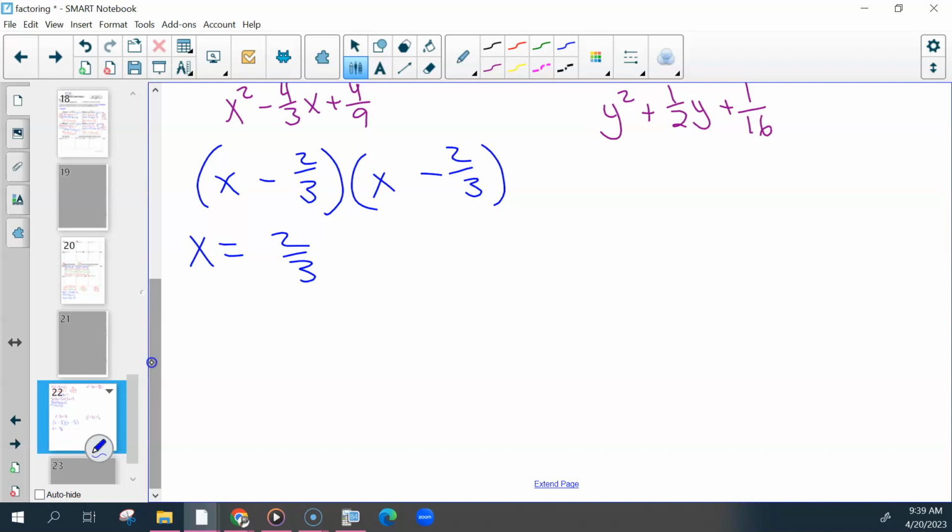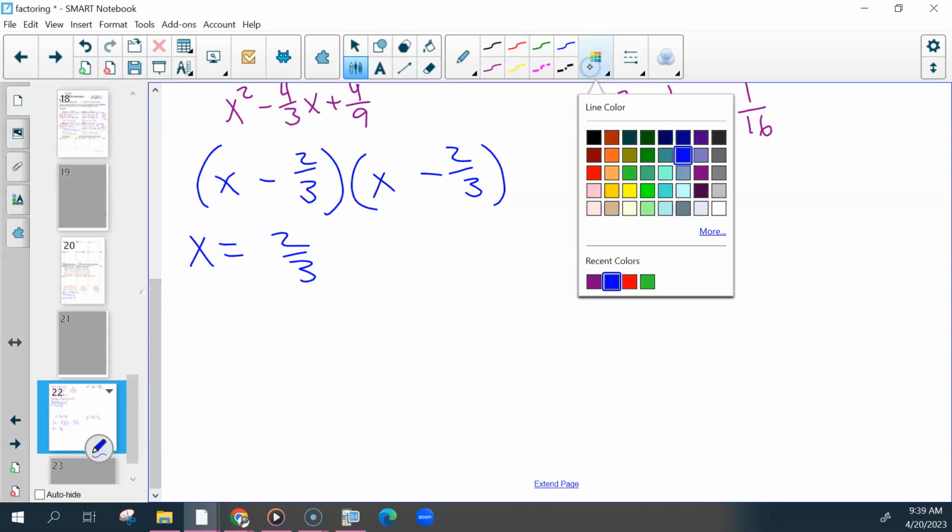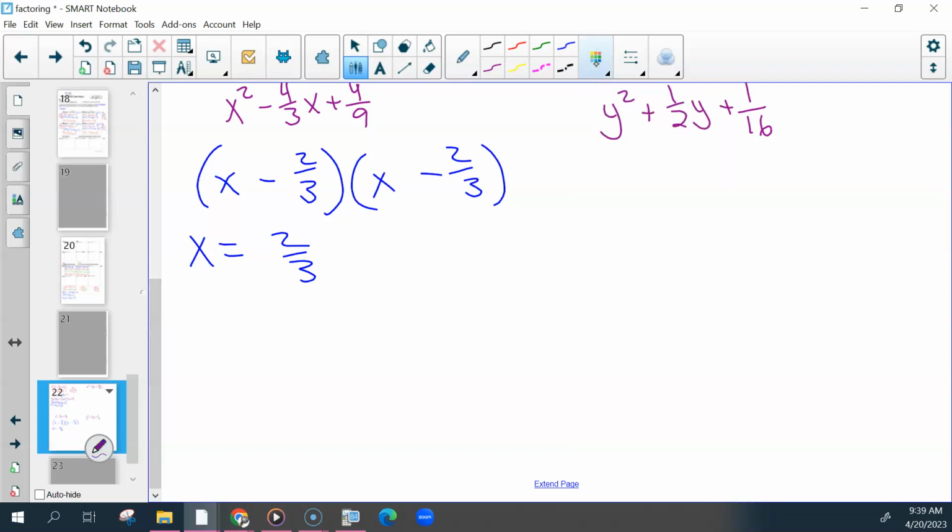Get rid of the 2/3. Just replace the 2/3 with x. Are you replacing them in where the parentheses are? So if I wanted to solve this so that this side became 0, x is then 2/3.